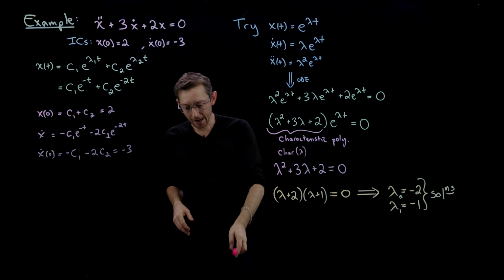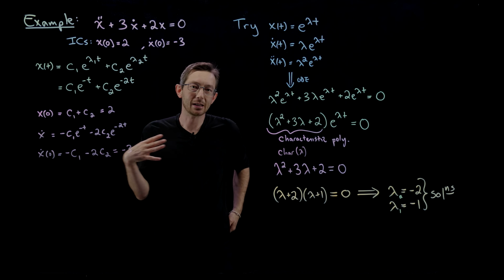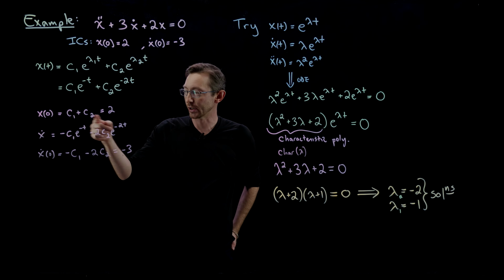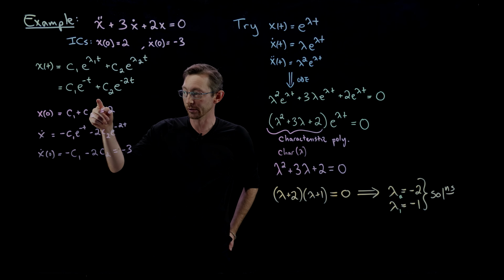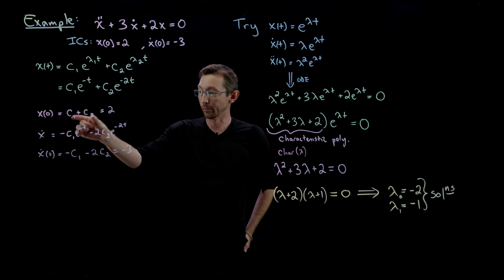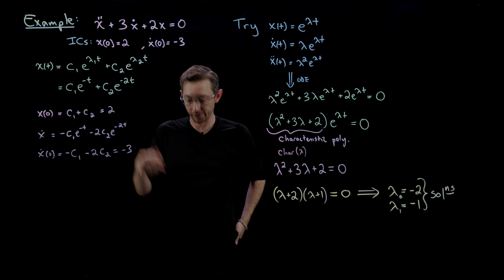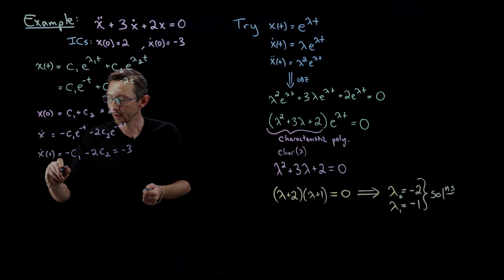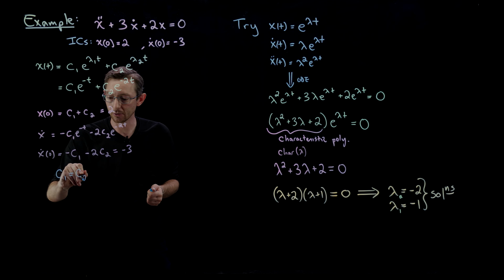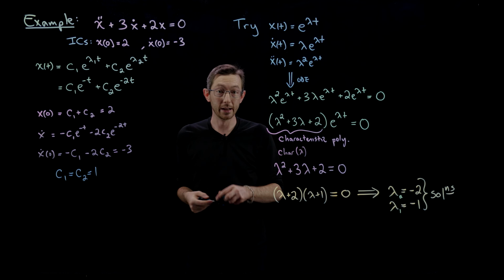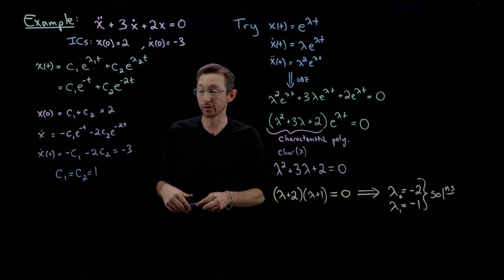Now again, I chose these coefficients to be trivially easy. You can almost read off just from seeing it that if c1 equals 1 and c2 equals 1, 1 plus 1 equals 2. And -1 minus 2 is -3. So these coefficients you can just read off. c1 equals c2 equals 1 would, in fact, satisfy both of these initial conditions.